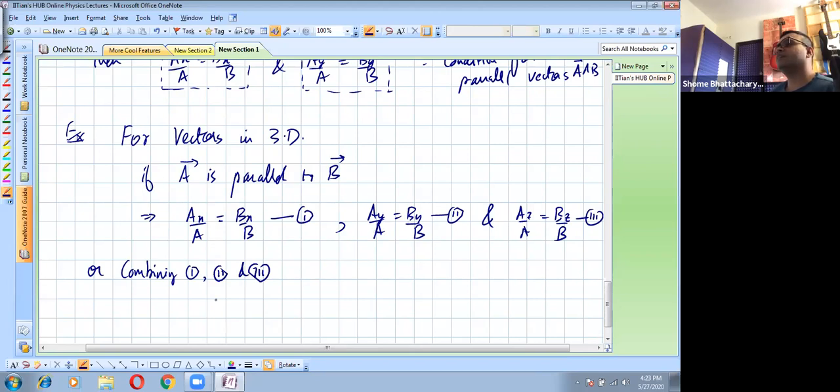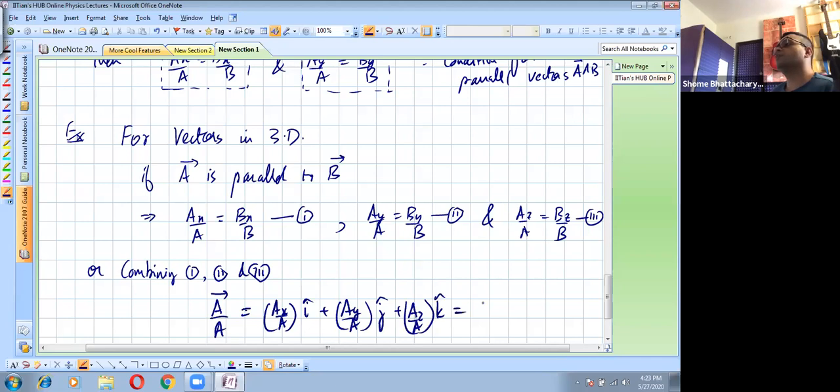If we take vector A divided by its own magnitude, that will give us Ax upon A i cap plus Ay upon A j cap plus Az upon A k cap.